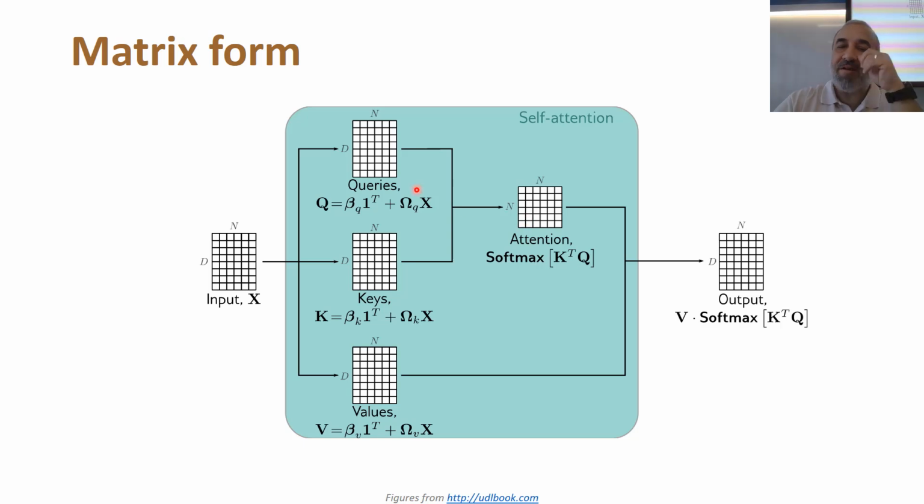Okay, so how about the queries and keys and the values? Are these learned or not? These weights, of course, they are learned, right? So we all agree that these three matrices are learned: the weights for the queries, the weights for the keys, the weights for the values are all learned parameters.